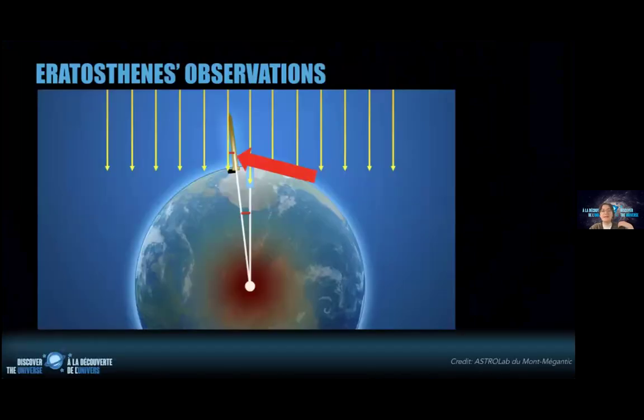I'll explain it. So that little angle that the light rays make with the tower in Alexandria forms a triangle with the shadow. This triangle right here is the triangle that he's comparing to the triangle along the Earth. The angle that the sunlight makes with the tower is the same angle that Alexandria makes with Syene.